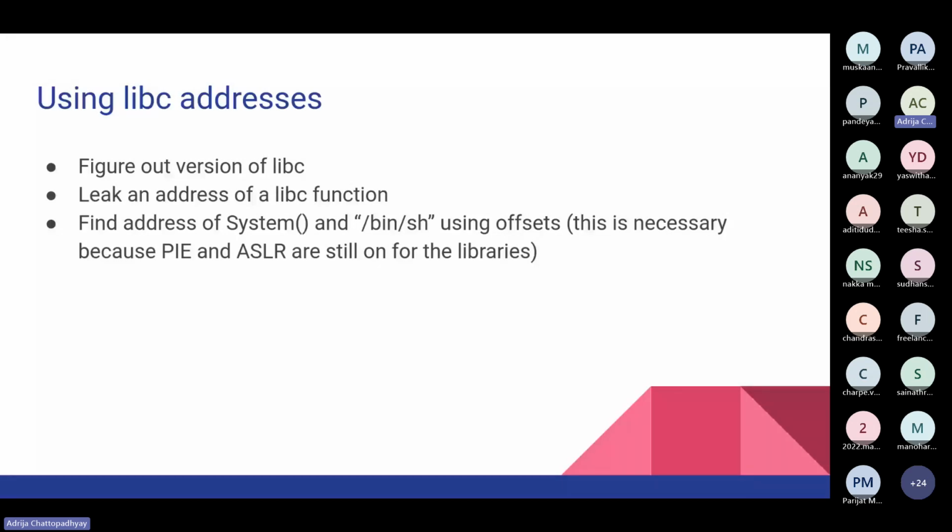It's exactly the same as that, but there we did that using ROP chains. Here we won't be using ROP chains. Instead, we'll be writing the address in the GOT. We'll go through the slides and then I'll show you a demonstration. So we need to find the address of system and /bin/sh using offsets, and that's necessary when ASLR is on.